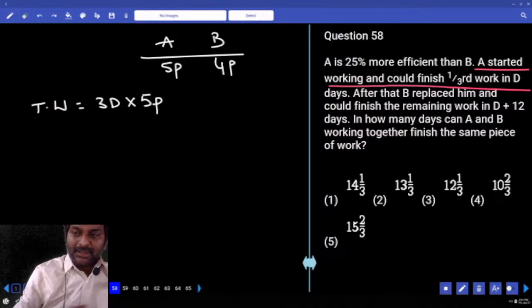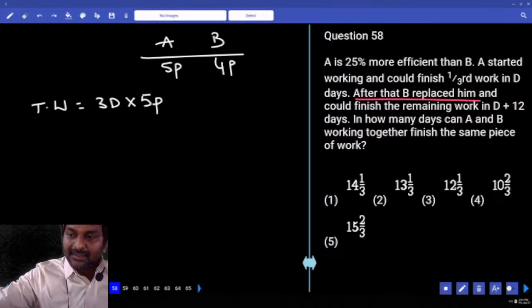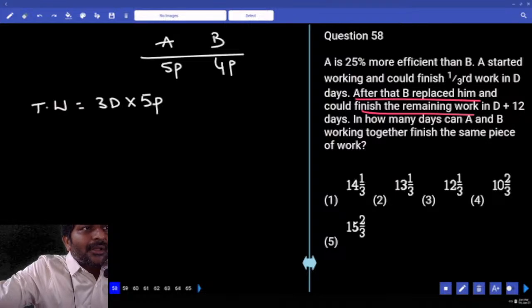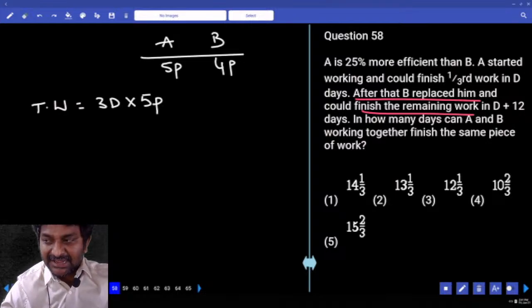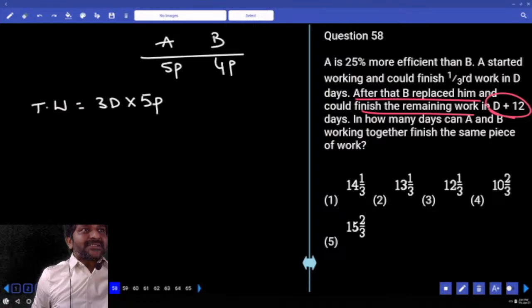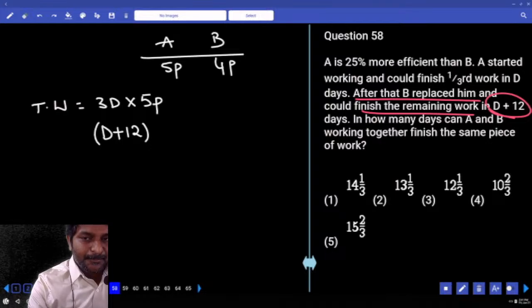Next. After that, B replaced him, okay, and could finish the remaining work. Remaining work meaning 2/3 work is done in D plus 12 days. Let me first identify, in D plus 12 days, what is the work done by B?